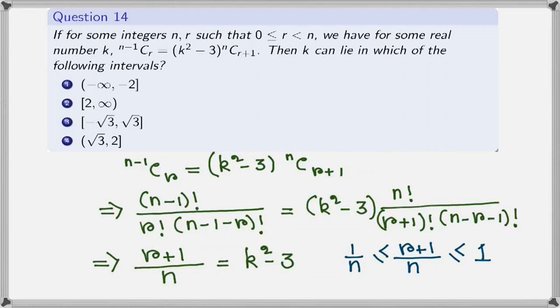We can see here that first, second and third options are not correct and fourth option is correct. That is, k can lie in this interval open square root of 3 to closed 2, as this interval is a subset of the interval which we have found out.